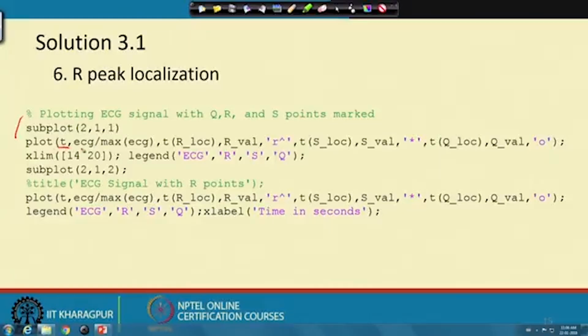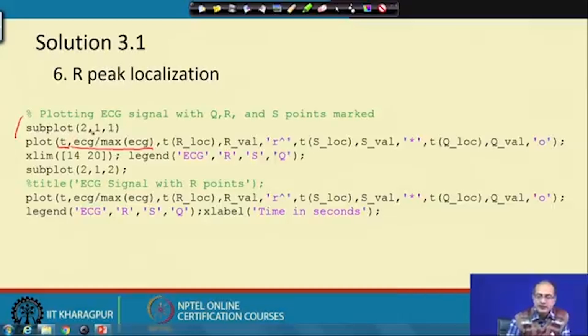First, with respect to time we draw the ECG signal divided by the maximum of it, that is the normalized signal, because ECG signal is what we have read. So, we have normalized that. If we have already normalized that, we need not do that.